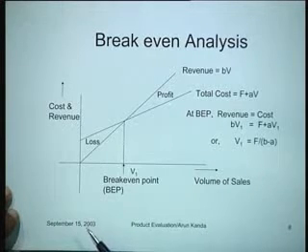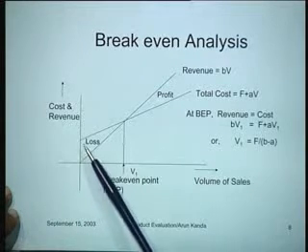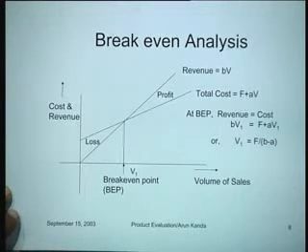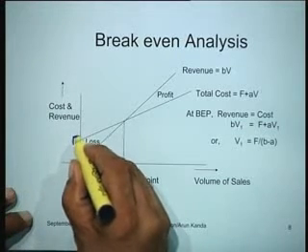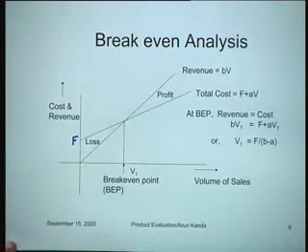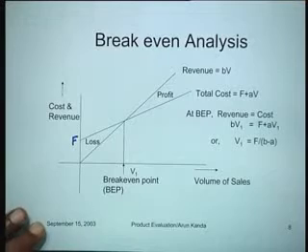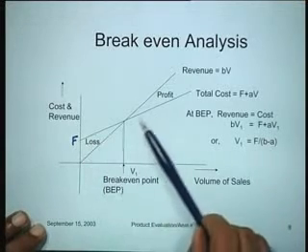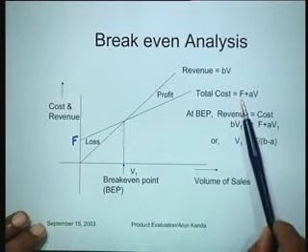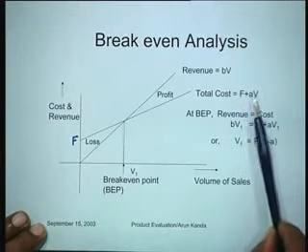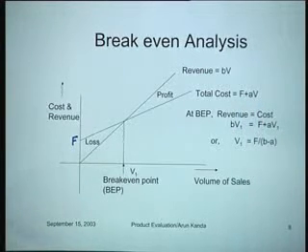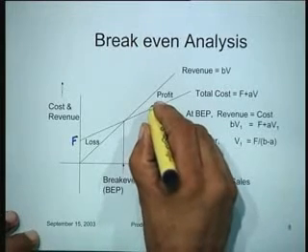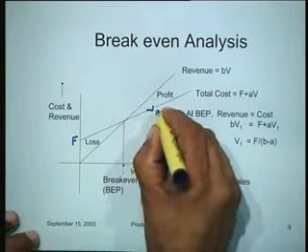So if my fixed costs are F, I would put the fixed cost F here, and the total cost would be this line here. So the total cost is the fixed cost plus AV, where A is the unit variable cost. So the way we have defined it, A would be nothing but the slope of this line. This is A.